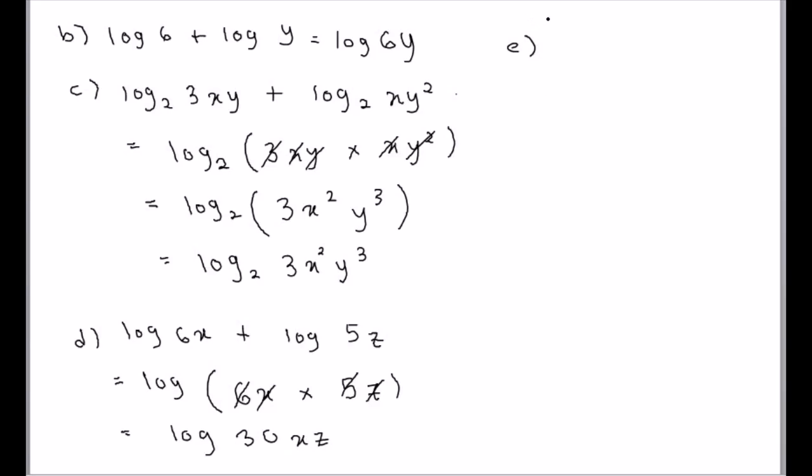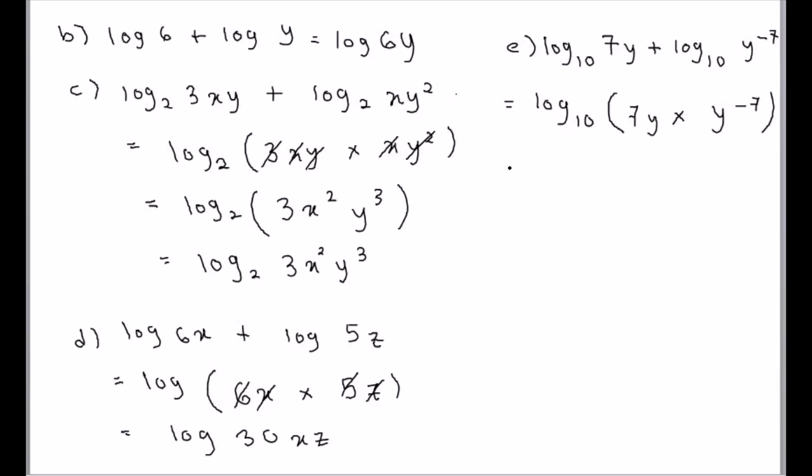Question E. This time we have log base 10 7y plus log base 10 y power negative 7. So by using rule 1, we can take log base 10 and then 7y multiplied by y power negative 7.